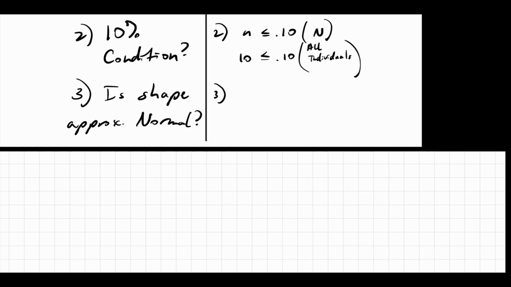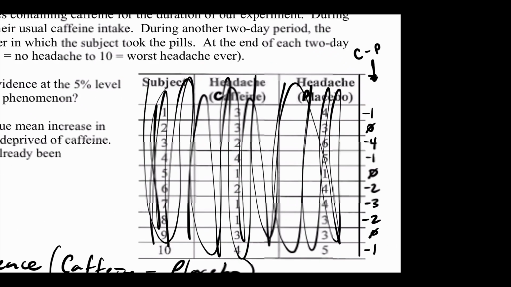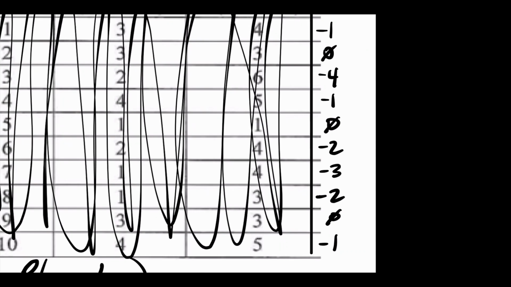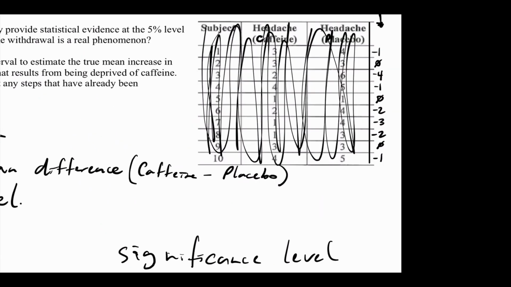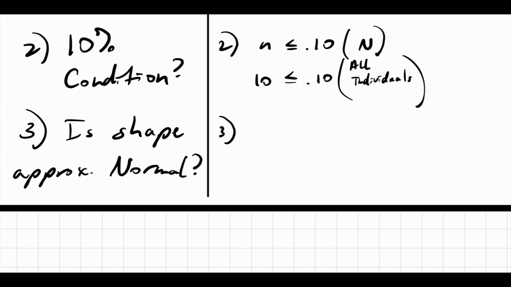So we need to graph the data. You're going to graph just the differences. Remember, just the differences. You can make a dot plot, you can make a box plot, whatever you want to do. You can use the calculator to do that just to see if there are any outliers. It doesn't look like there are any outliers because the biggest number is 0 and the smallest number is -4. Those are very close together.